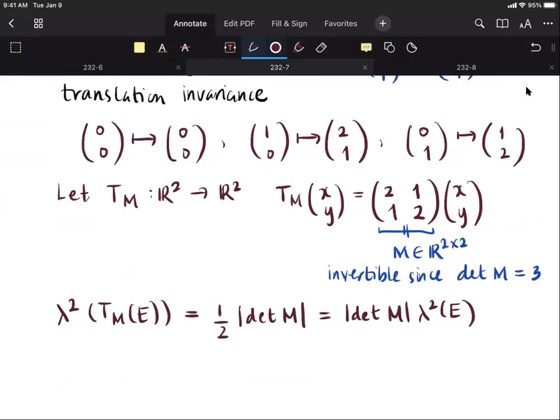So with respect to a linear transformation, in this case, the effect on the Lebesgue-Borel measure under this transformation M is you have this extra scaling factor. So the scaling factor would be the determinant of the transformation, or the determinant of the matrix associated with the linear transformation.